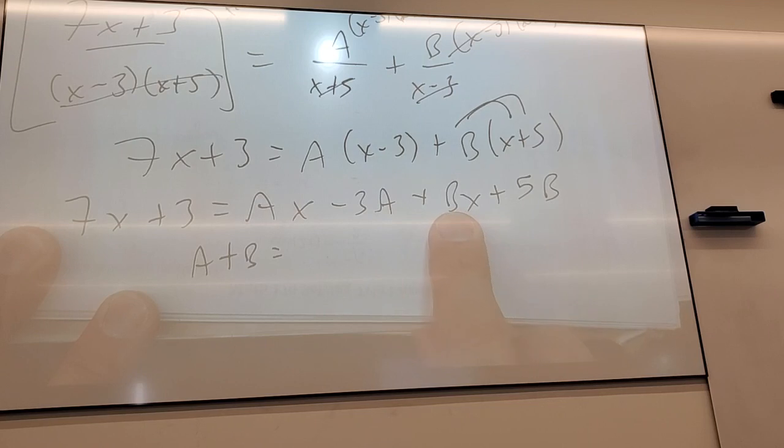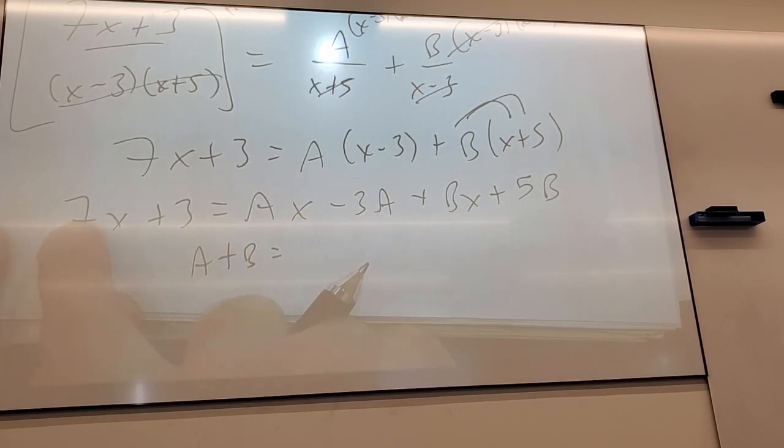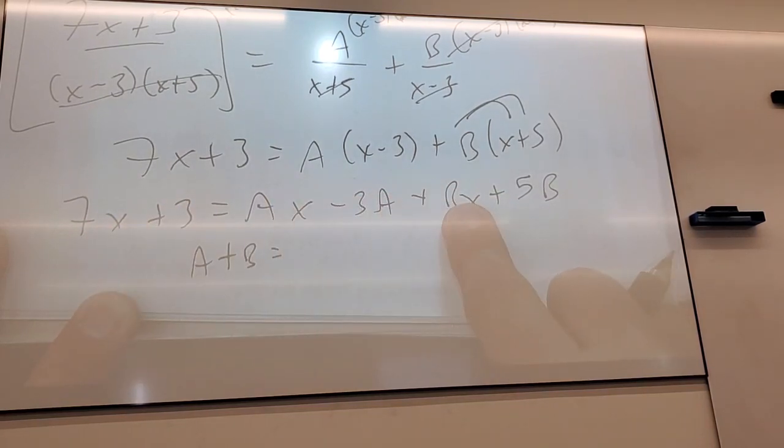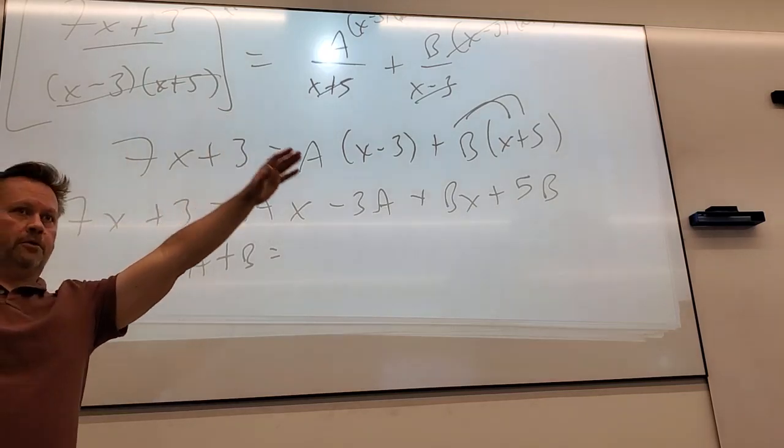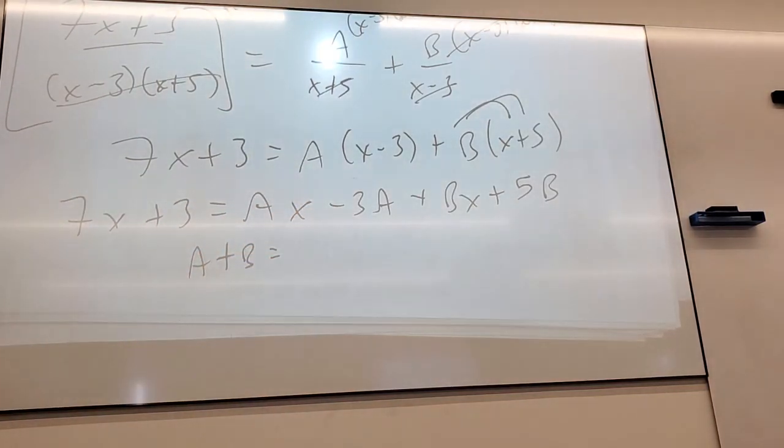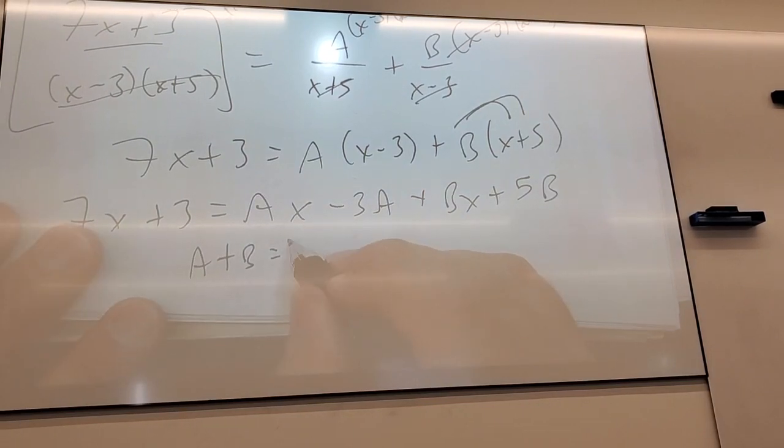A plus B has to equal 7. Because if this equation is true, the only place I could get 7 from is from A plus B, because that's the only things that have an x on them. Does that make sense? So I'm equating coefficients. The coefficient of the x on one side has to equal the coefficient of the x on the other side. And then I'll get the number.